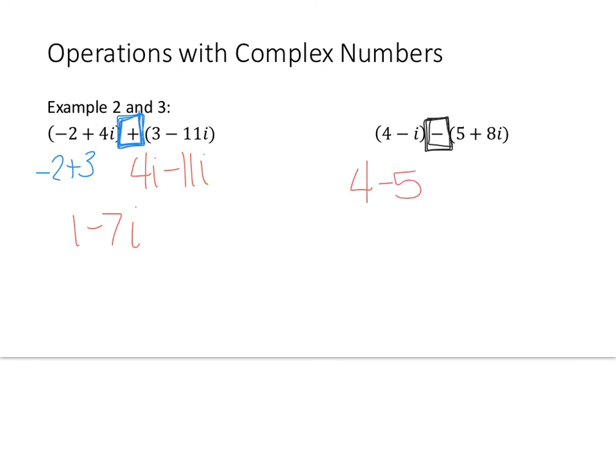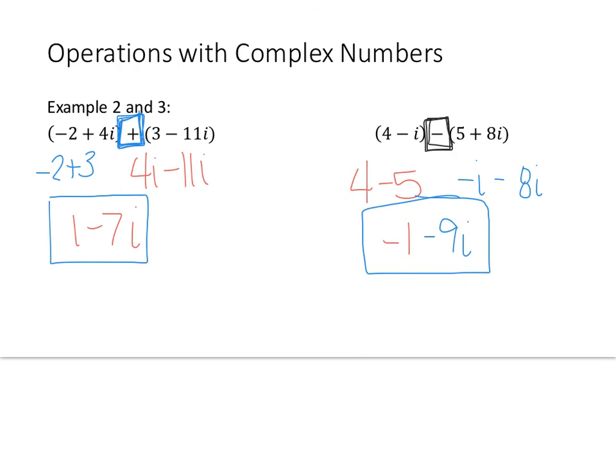My imaginary pieces, I have -i, and I'm subtracting an 8i. 4 minus 5 is -1. -1i minus 8i is -9i. Again, always having my real number in front of the imaginary number.